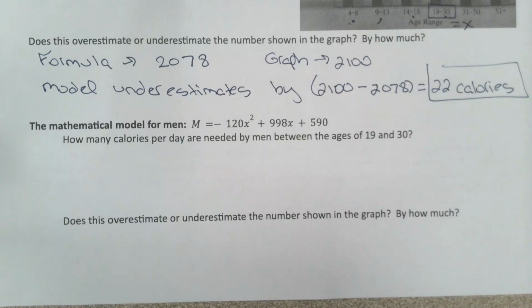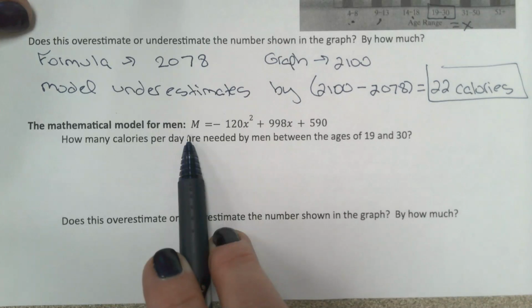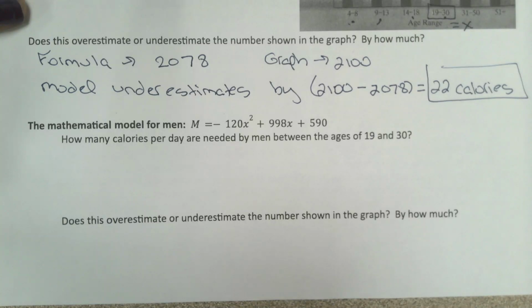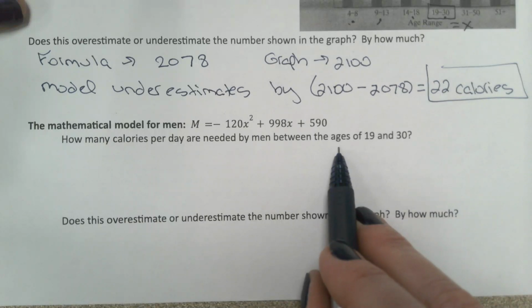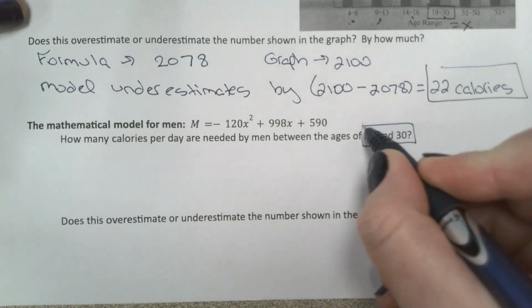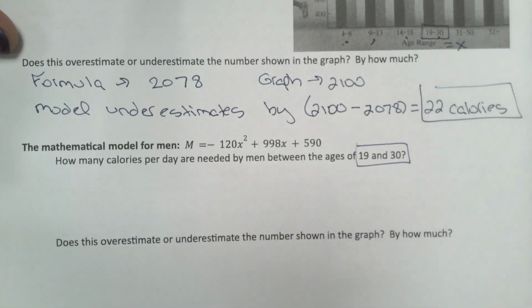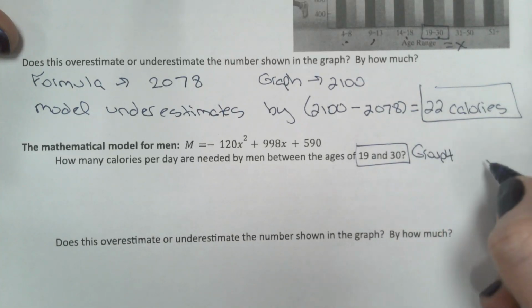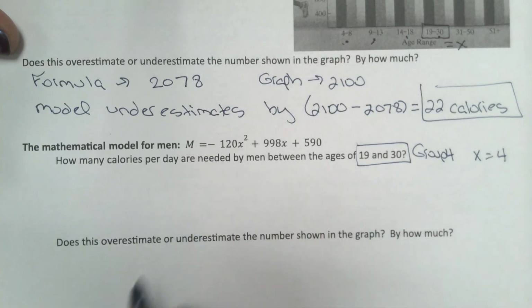We're going to use the same graph, and this time we're going to use the model for men. So the men have this different equation. How many calories are needed per day by men between the ages of 19 and 30? If you look up above, 19 to 30 is still group 4, and so therefore x is going to equal 4 when we substitute it into the formula here.